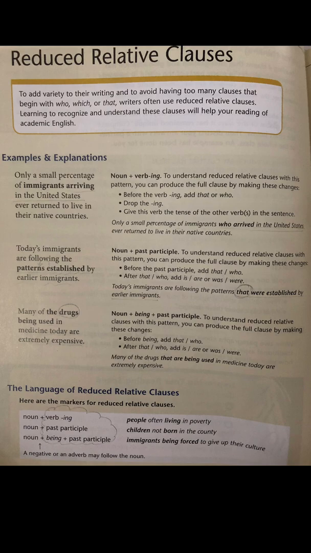So it can be seen kind of like grammar development as well as vocabulary development. So the last example, many of the drugs, which drugs? Being used in medicine today. Okay, so that one is, you've got being plus the past participle making the adjective clause.